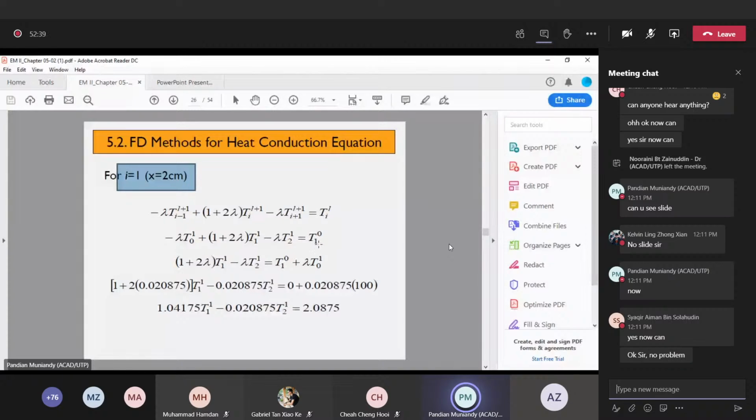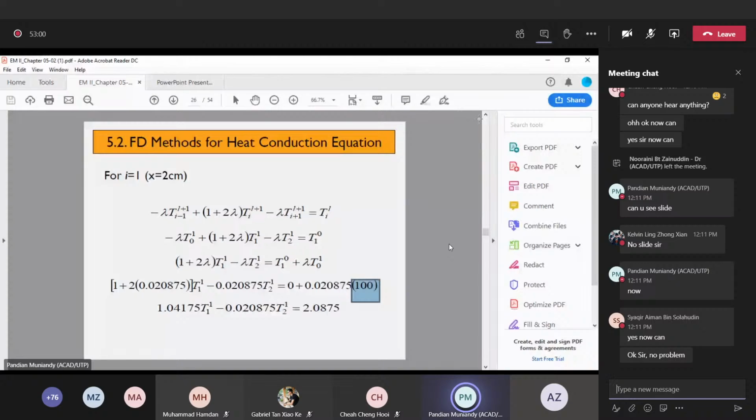So this value, you want to find T1, T2 superscript 1, is the next one. T1 superscript 0, this is given already. This value is 0. And lambda T subscript 0, superscript 0, this one actually is T0, which is 100.